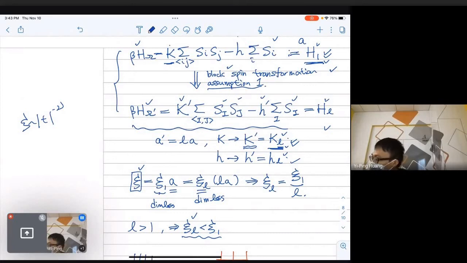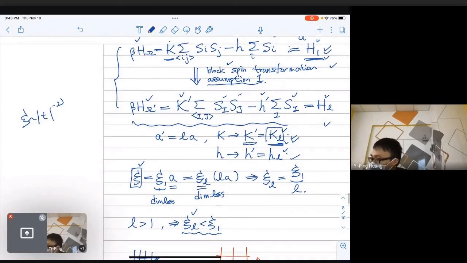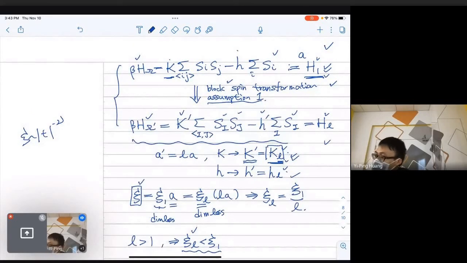At this moment, we did not specify what exactly this KL is, because we just formally said that it is a coupling constant. But in the later part, the important message is how we start from K, and after doing some coarse-graining, we get some effective coupling constant KL.